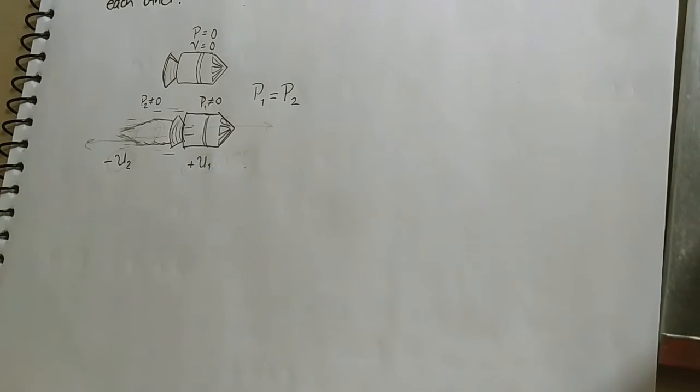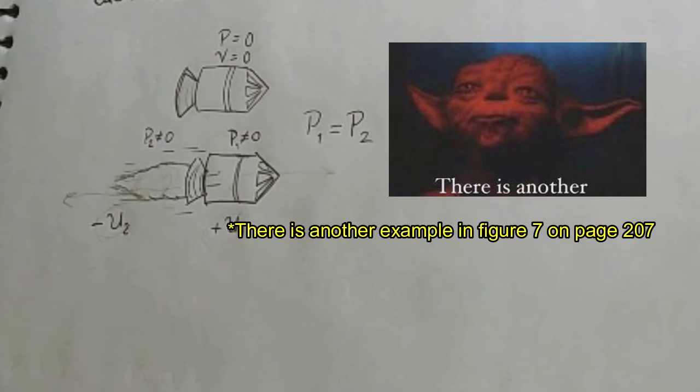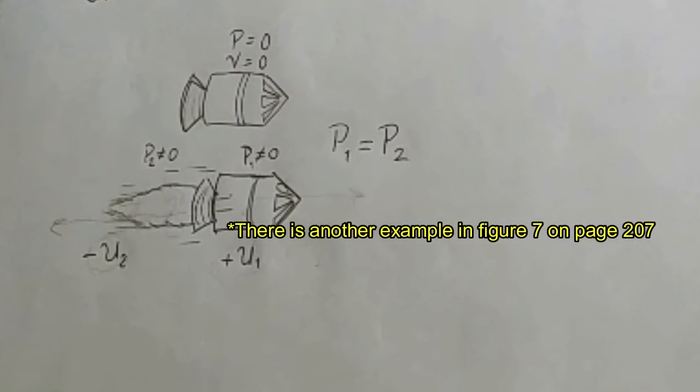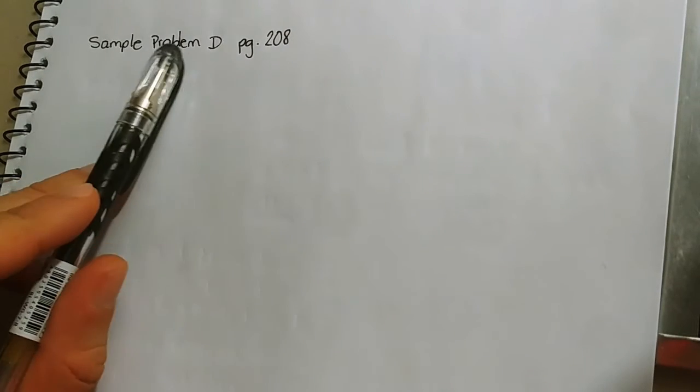What conservation of momentum tells me is that both the initial and the final momentums of the spaceship and the gases have to be the same. They are conserved. So now I want you to pause the video and go to page 208 and find sample problem D, which is what we're going to solve right now.